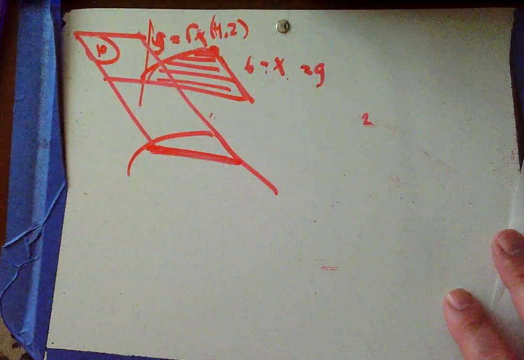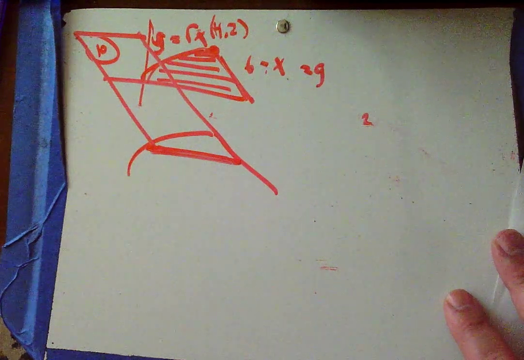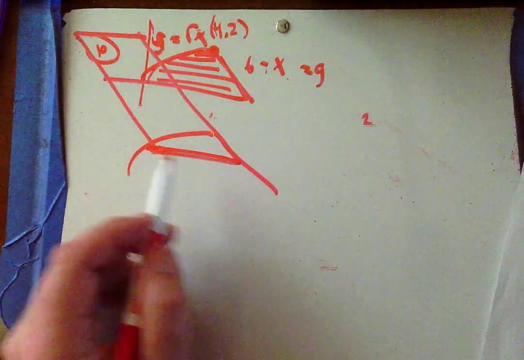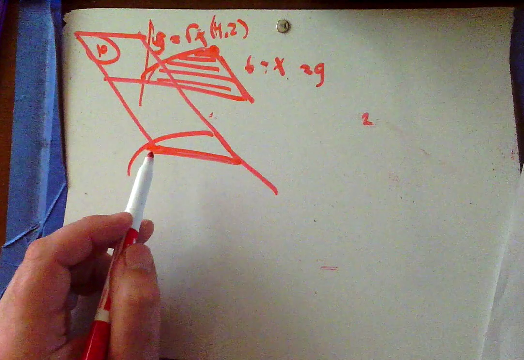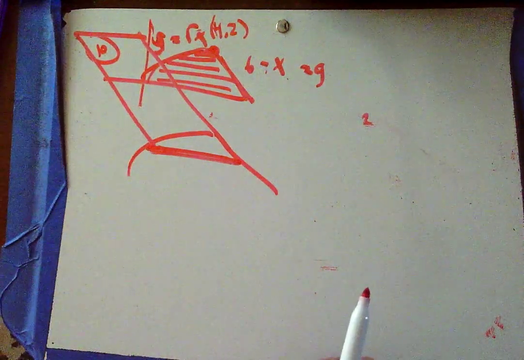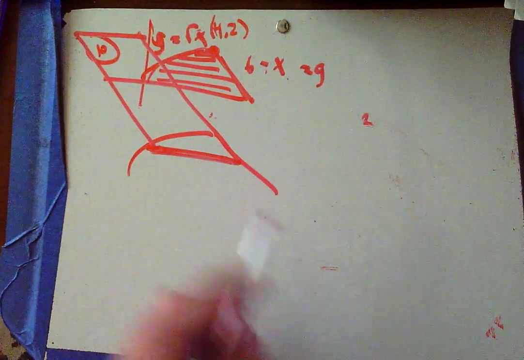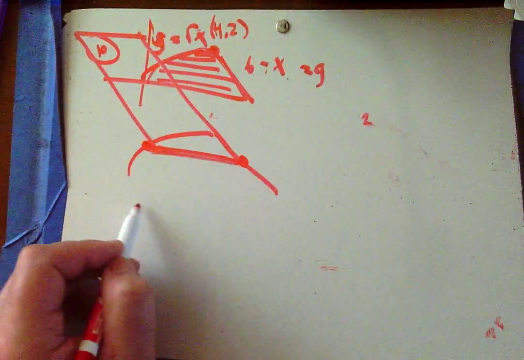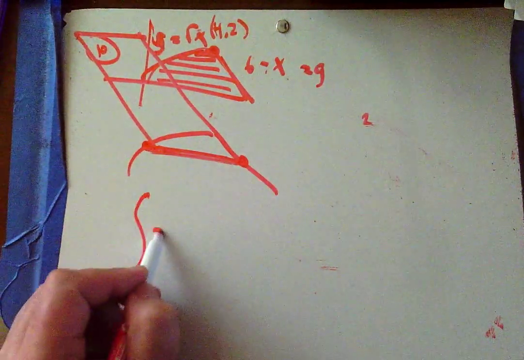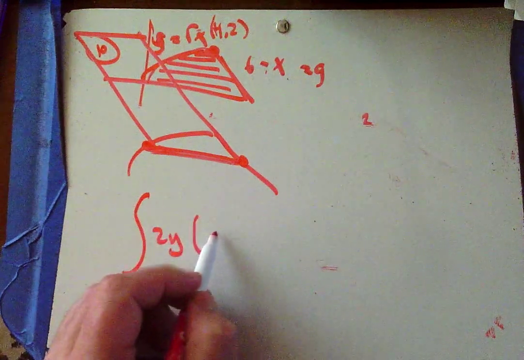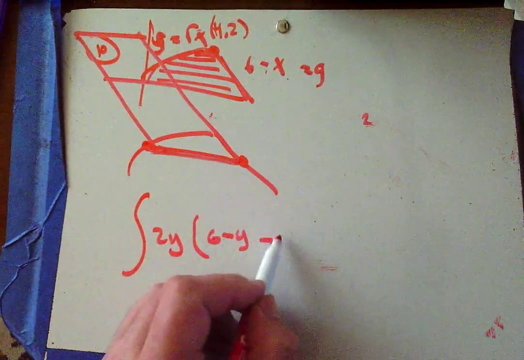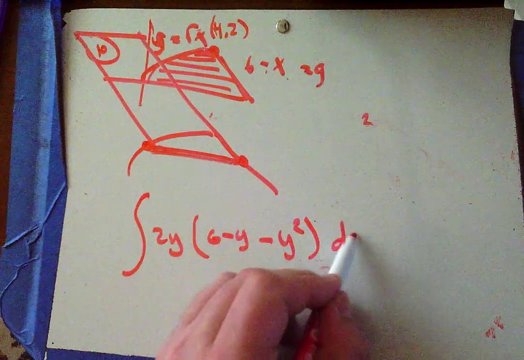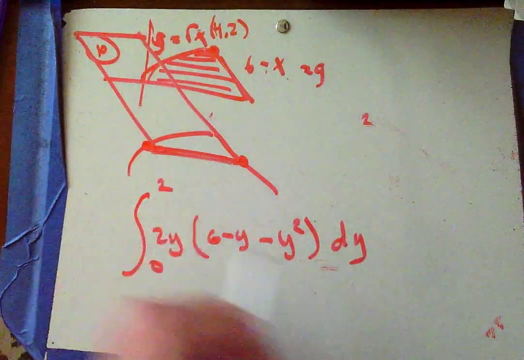And we're told that the height is always twice the base. Okay, the height is always twice the base. Well, I know the base is going to be right minus left. And so 2y times 6 minus y minus y squared dy from 0 to 2.